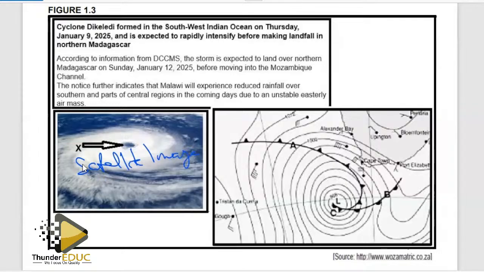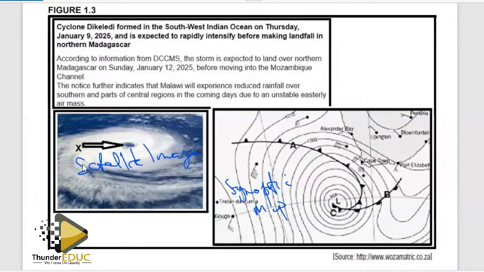And also we have this illustration here of a synoptic map showing the same scenario of the weather system. So basically, these two are relating to what is described in the text there.